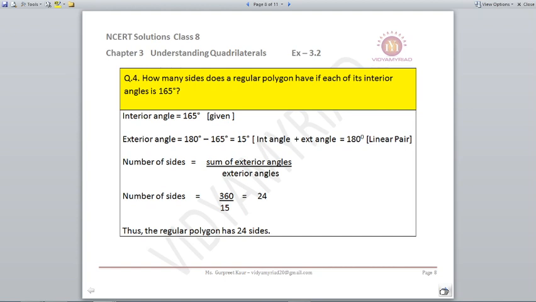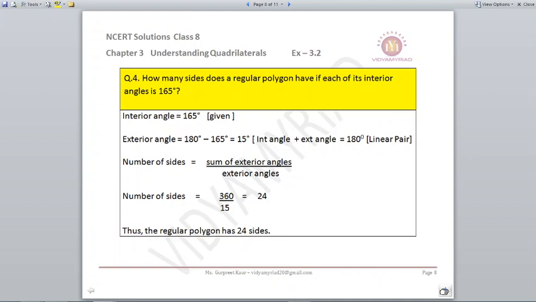Question number 4. How many sides does a regular polygon have if each of its interior angles is 165? Now I know the interior angle. I can easily find out the exterior angle by subtracting it from 180 degrees. So each exterior angle comes out to be 15 degrees.